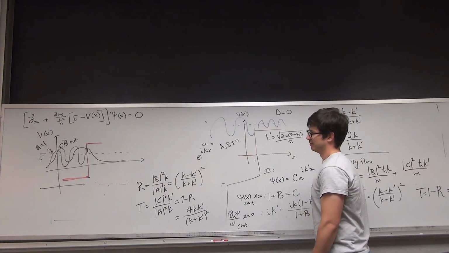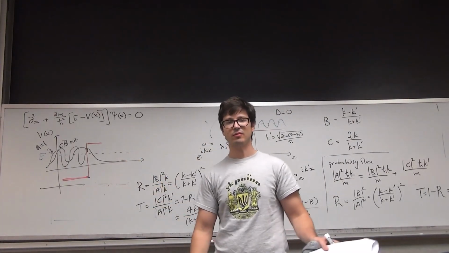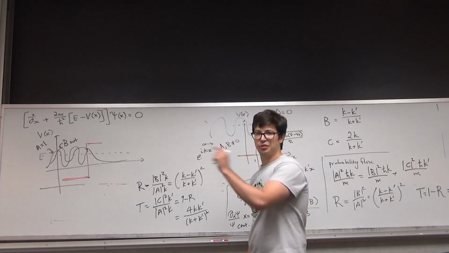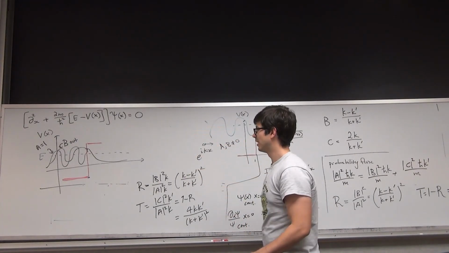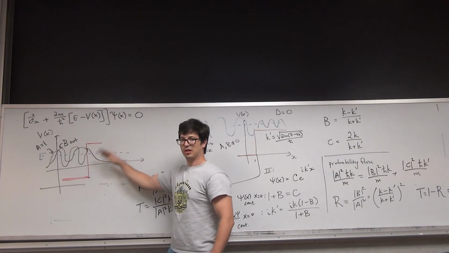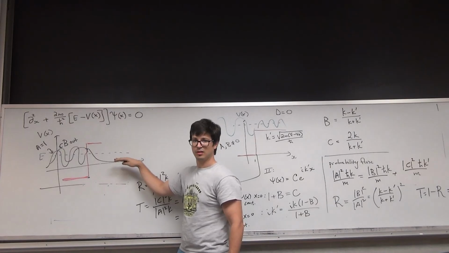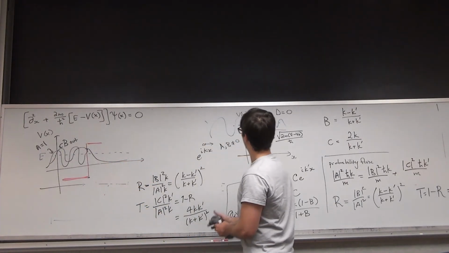And that's basically it. That's the analysis of what happens when you shoot a particle at a potential barrier. Either you're below the potential step, then particles just get reflected off this barrier, but there's some exponential penetration, like an evanescent wave.